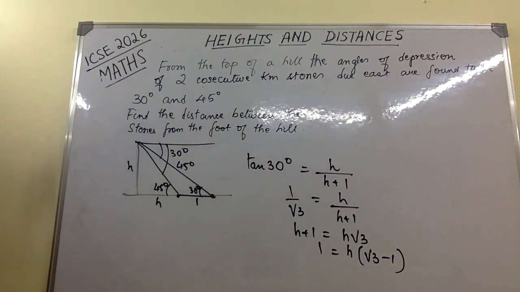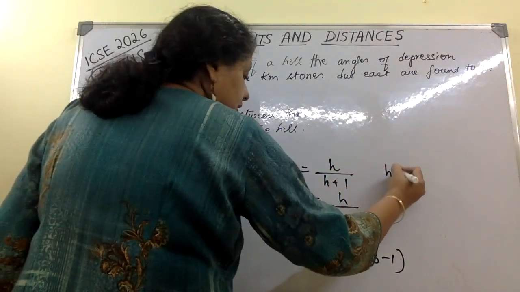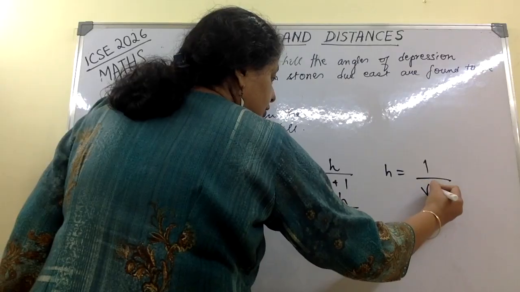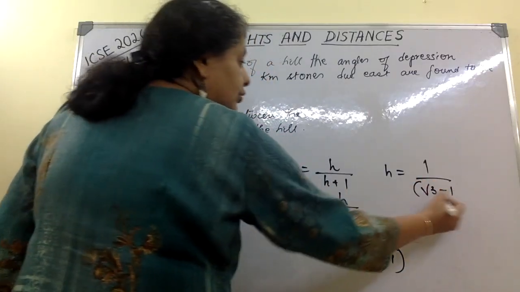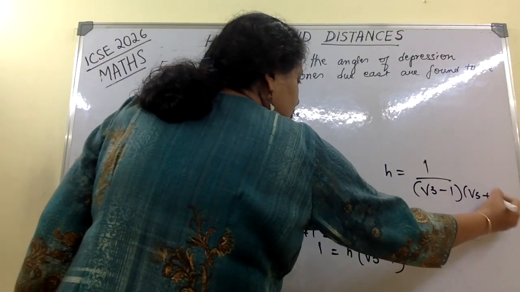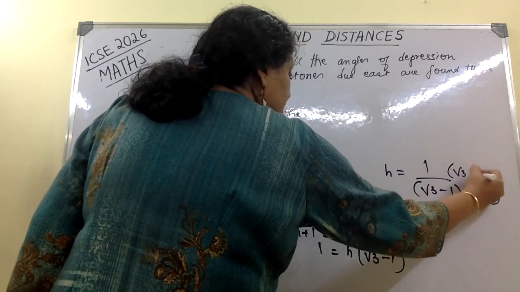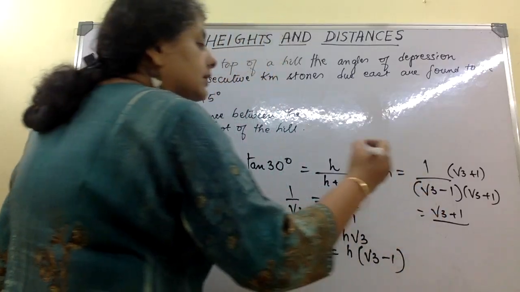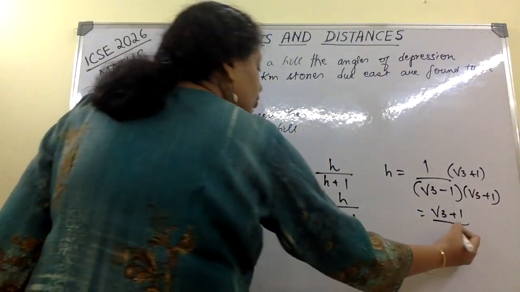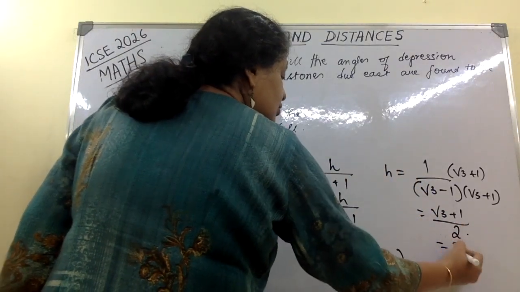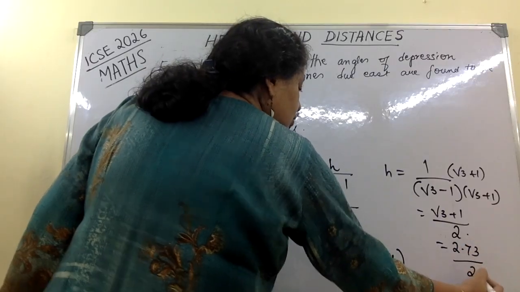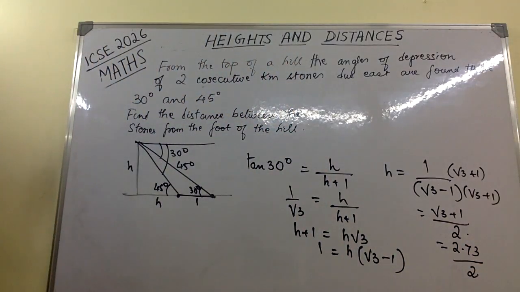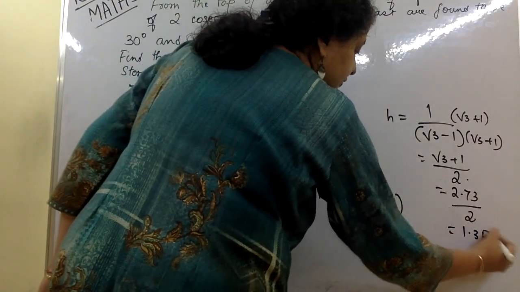So now h is equal to 1 by root 3 minus 1. Now multiply by root 3 plus 1, root 3 plus 1. That is root 3 plus 1 over 3 minus 1, which is 2. This is 2.73 by 2. If I do the division, it will come to 1.35.